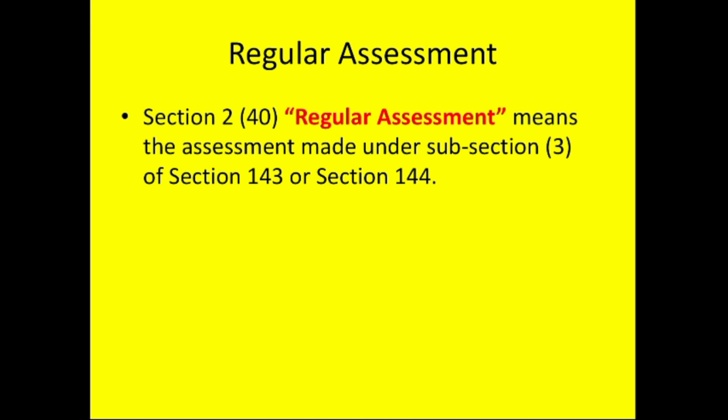Moreover, disallowance of deductions which have been claimed under section 10AA, or under section 80IA, 80IB, 80IAB, 80IC, 80ID and 80IE, where the return is furnished beyond the date specified under section 139 subsection 1.